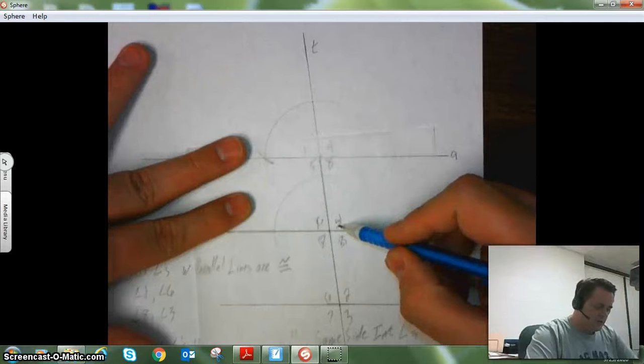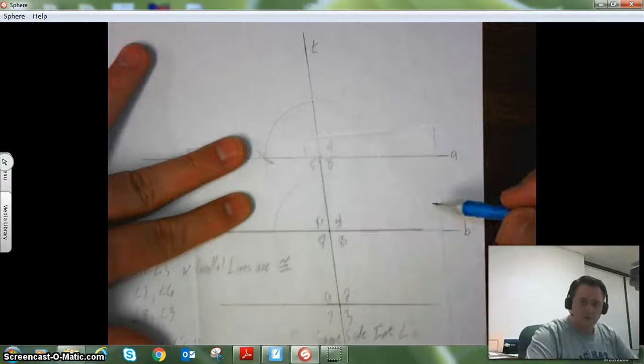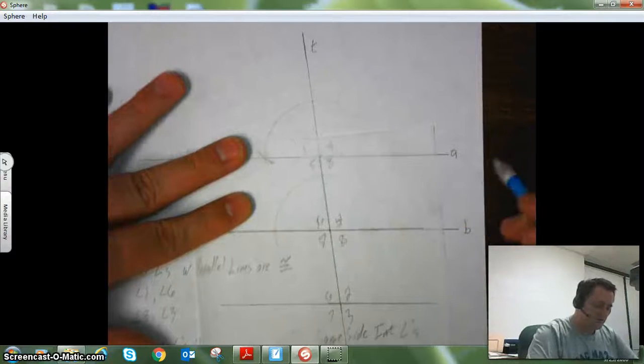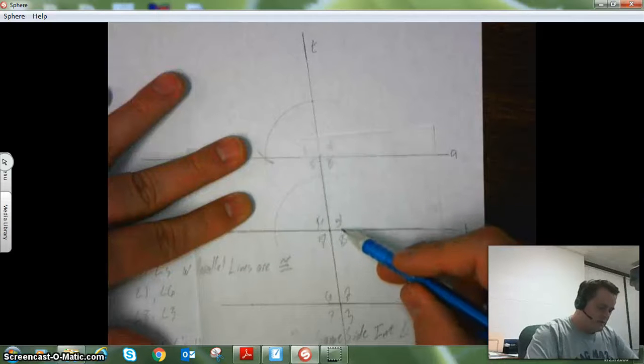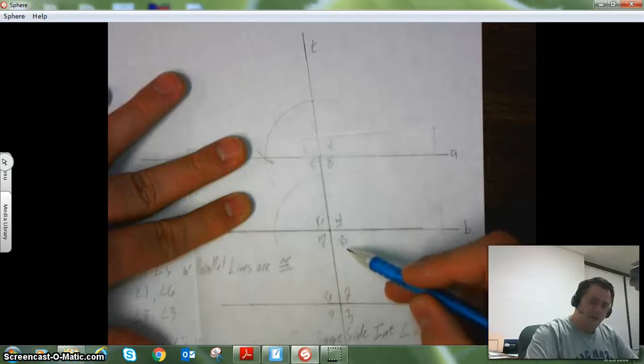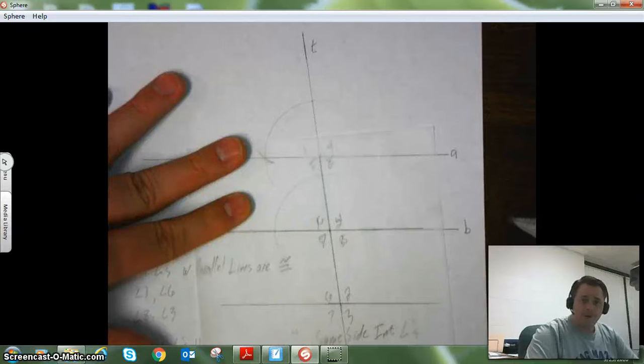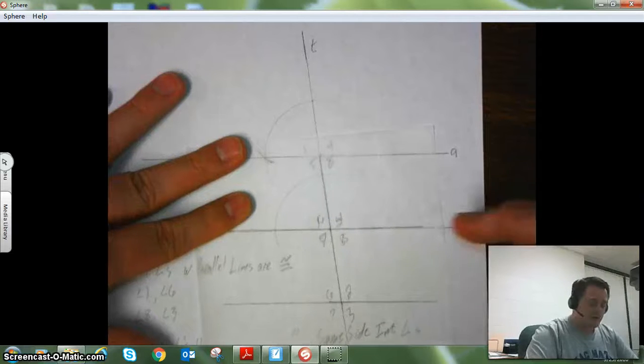Now I know you see the 4 here on the patty paper, but underneath it is the 2 of angle 2 on the blank paper that I have. And if you notice, angle 2 and angle 8 form a linear pair. So that means they must be supplementary to each other.